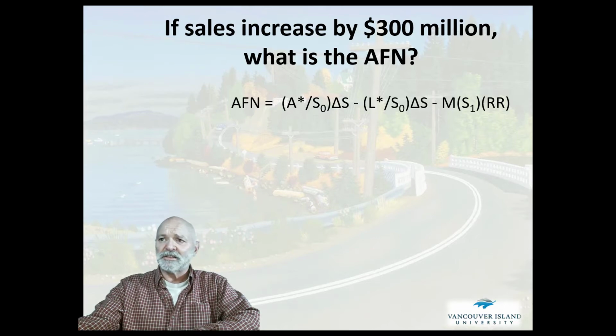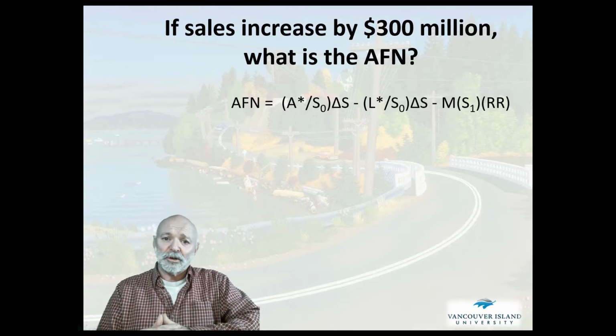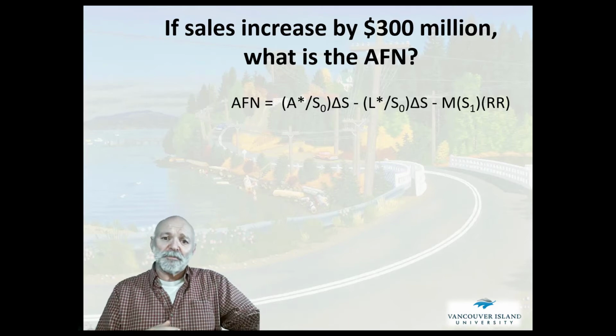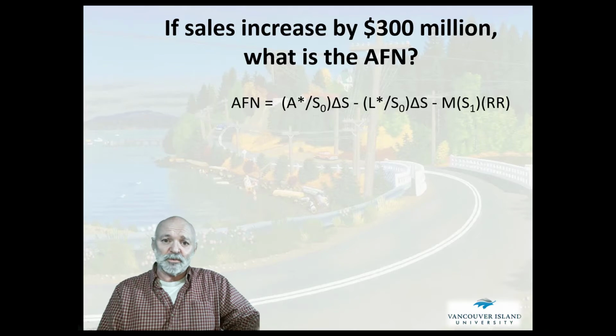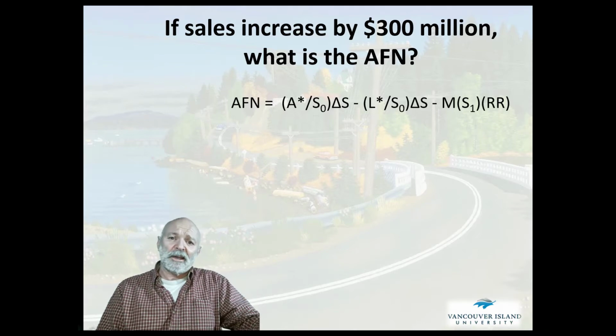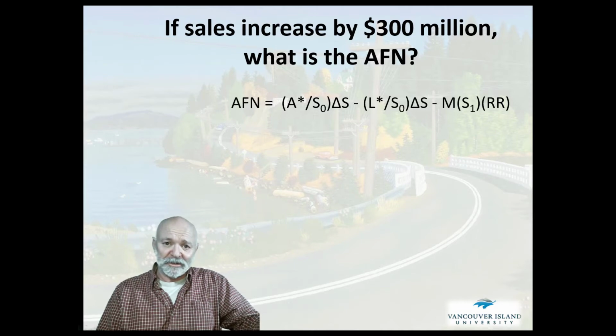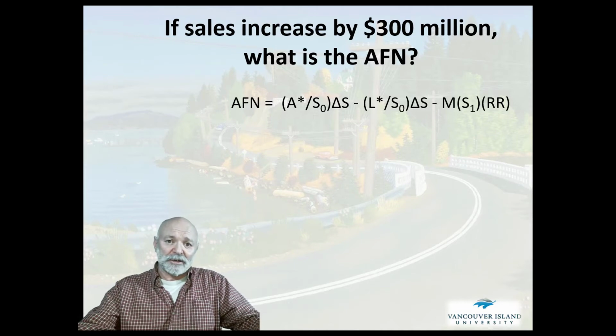Remember that these subscripts, S0 means last year and S1 means this year. So I'm thinking about two things. How much am I going to have to spend on new assets? Can I fund part of those new assets with funding from suppliers? That's the second term. And how much of that can I pay off with the increased profitability that I'm going to get from those incremental sales after paying out my dividend at the usual rate?